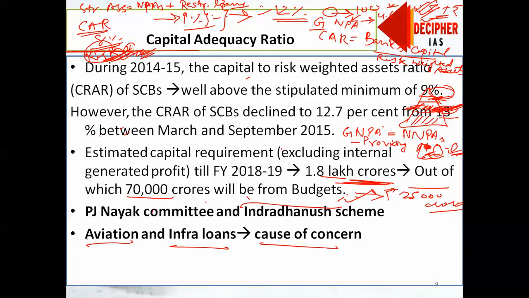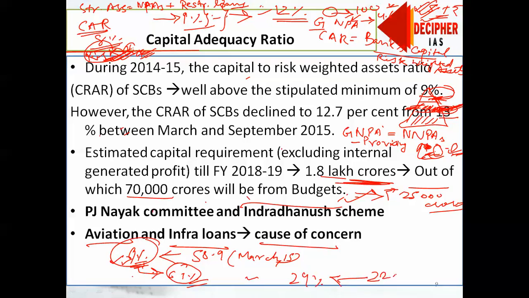The stressed advances in the aviation sector have increased to 61% from 58.9% in March 15 to the end of 2015. 61%. That is, out of the total loan taken by the aviation sector, 61% is stressed. Similarly, in infrastructure, it has increased to 24% from 22.9%. So these both are a cause of concern.